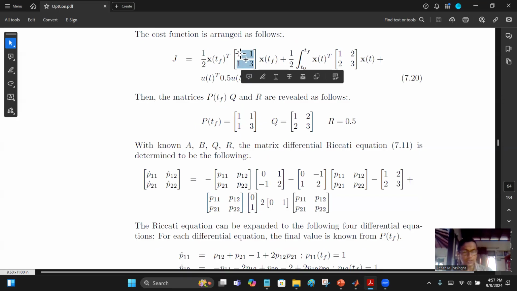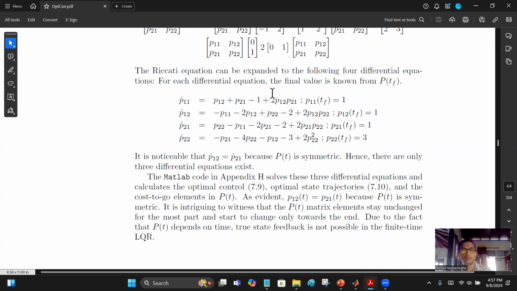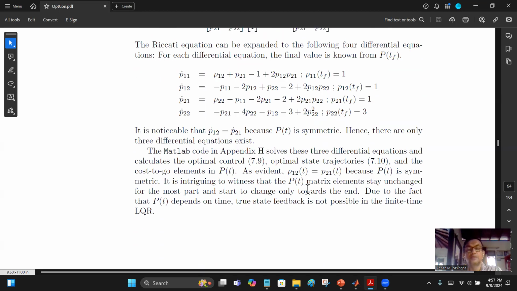Don't get it confused as a constant matrix. It's not. These values are at the final time. But before that, the values at any point, right, must be calculated using these differential matrix equations. Right.